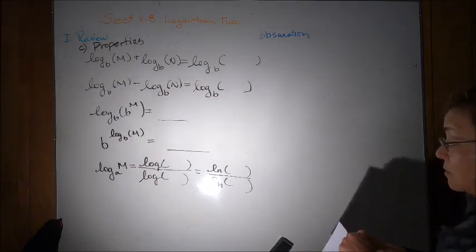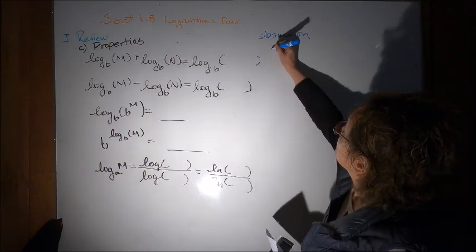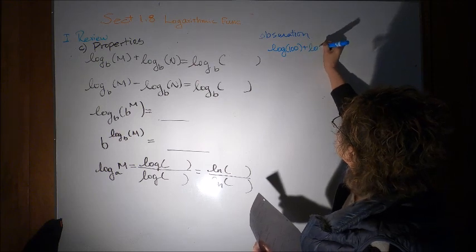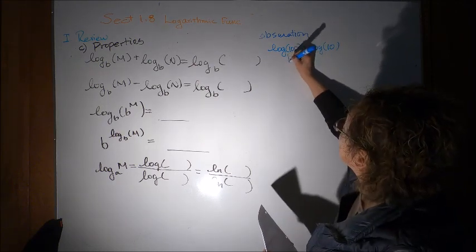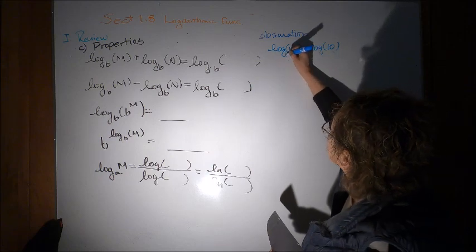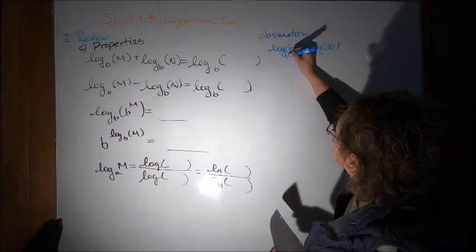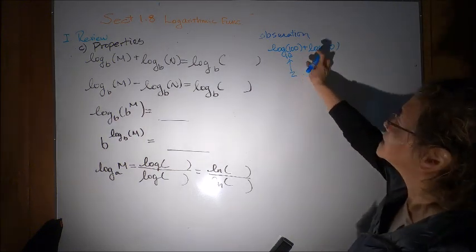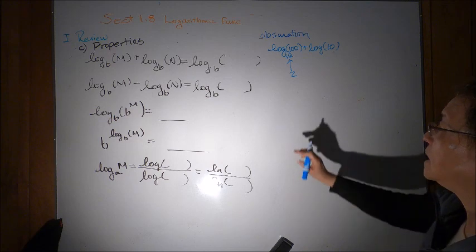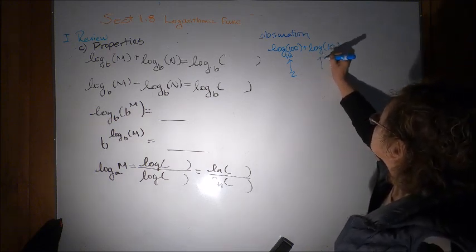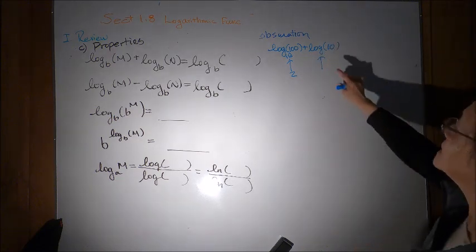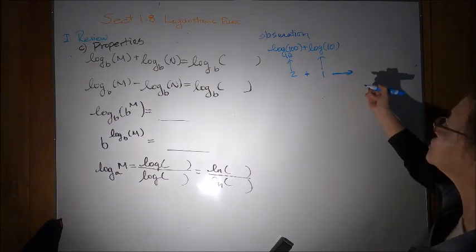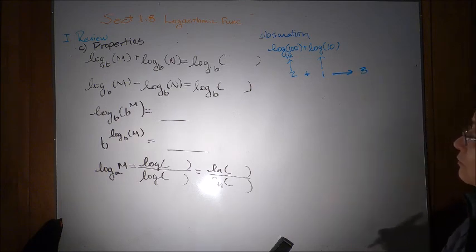If you have log 100 plus log 10, what is log 100? You don't have a base, which means base 10, right? So 10 to what power is 100? It's 2. Or you can type into the calculator log 100, you get a 2. Log of 10, base 10: 10 to what power is 10? It's 1. When we add it together, we'll have a 3, right?